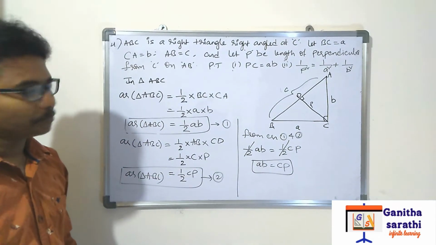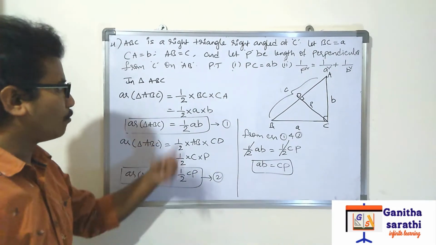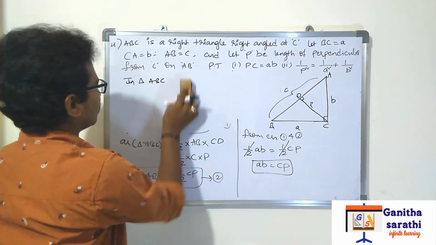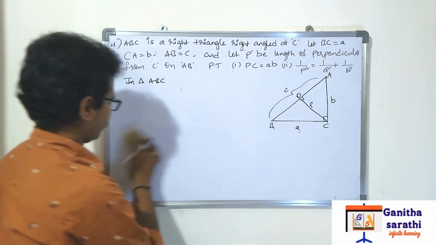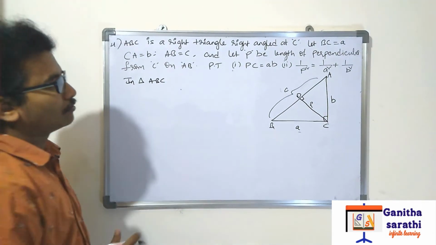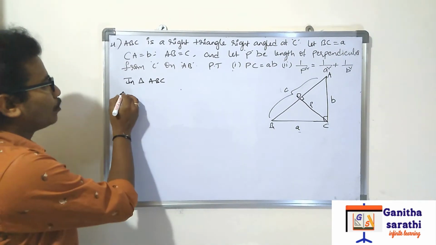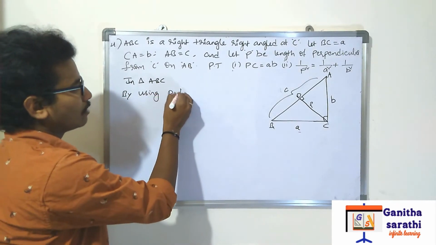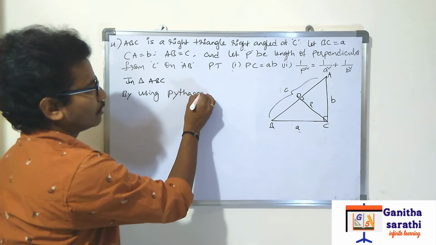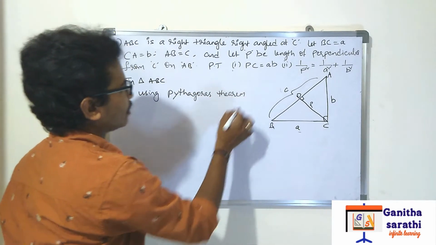Now we have to prove the second one. This is okay, ab is equal to cP. Now move on to the second one. How will we prove it? See here. For proving the second one, let us use the Pythagoras theorem.